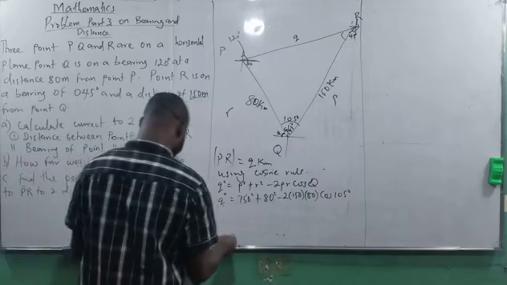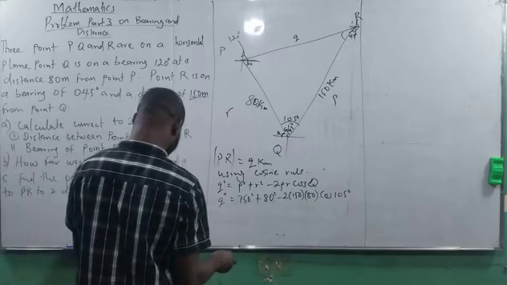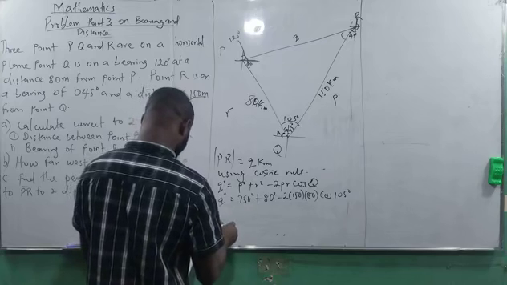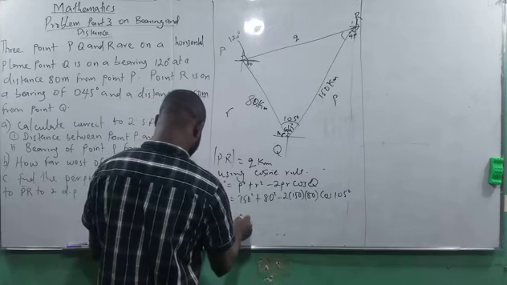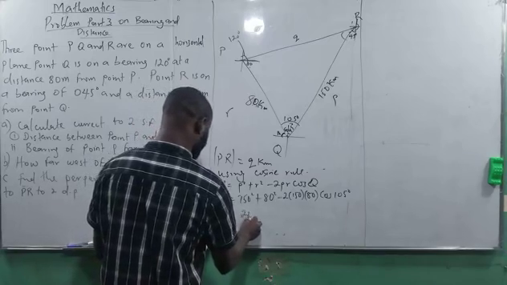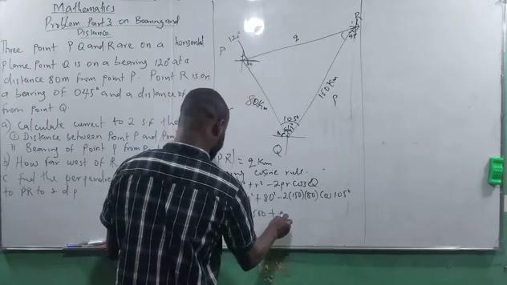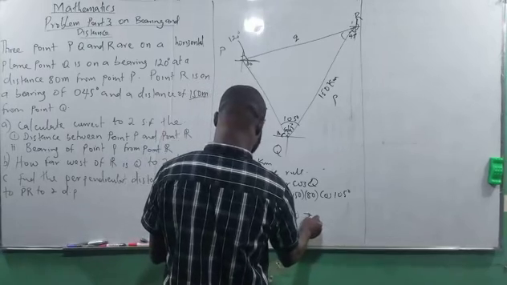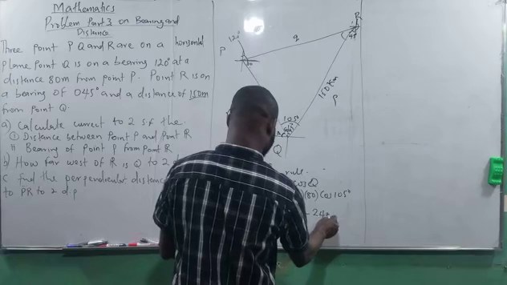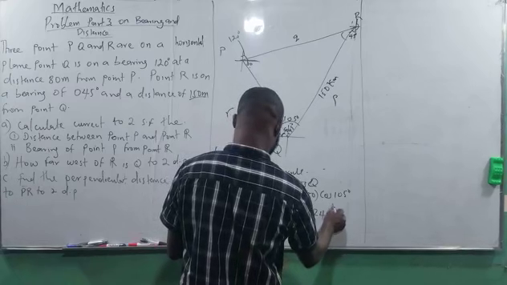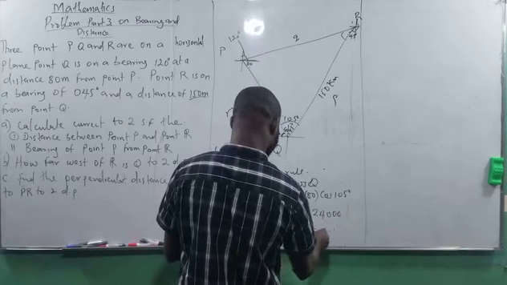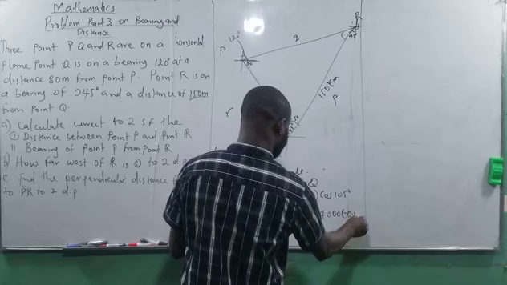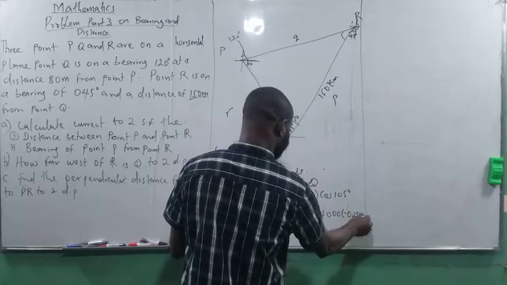I don't have the time to be looking at the calculator at this junction. I think it will be equal to 22500 plus 6400 minus 24,000 times minus 0.588.